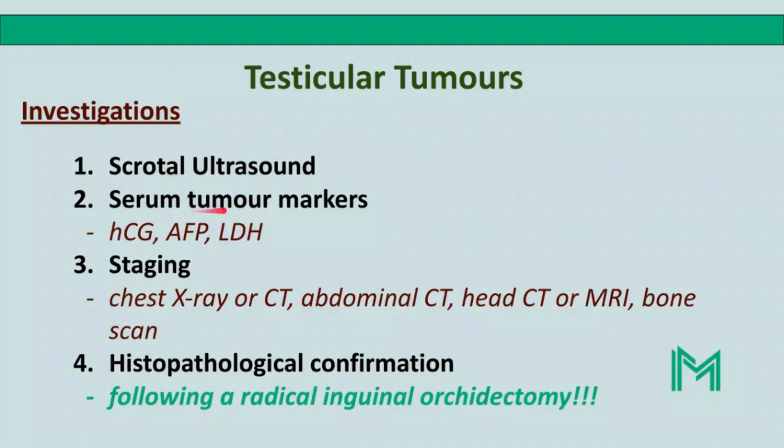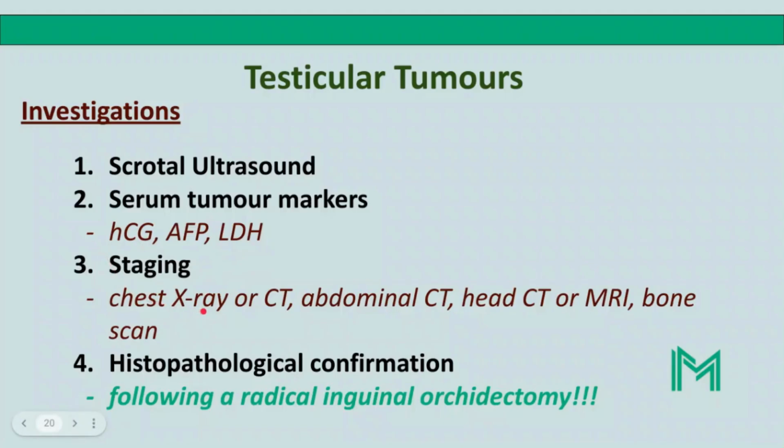You also need to do serum tumor markers, okay, because these tumors produce these markers. So you have beta hCG, alpha fetoprotein, and LDH being produced. It's very important. They are usually elevated depending on the type of testicular tumor. You would have to do staging because most of these tumors metastasize.